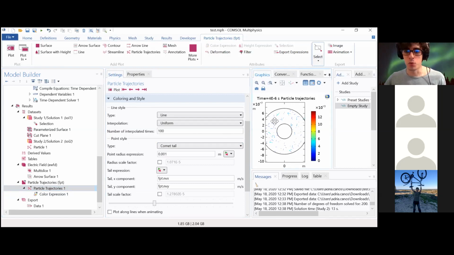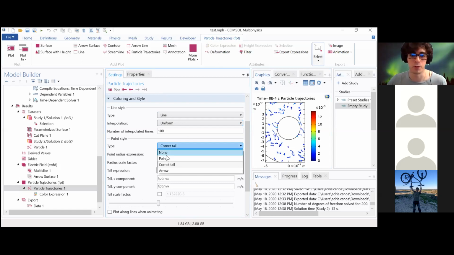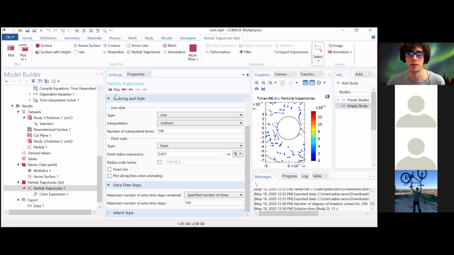It's probably not the best way to show this, but that's also a way. Maybe you could make the tail scale factor more than one. Yes, okay, that's it. It was simply a problem of me not showing the correct time.